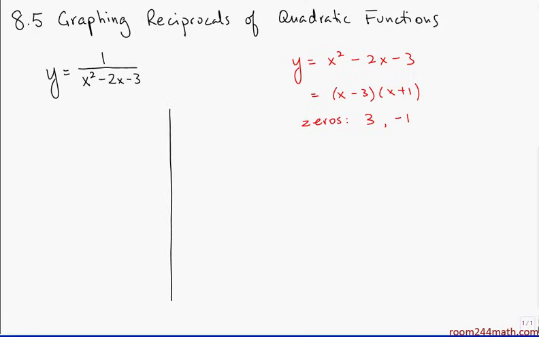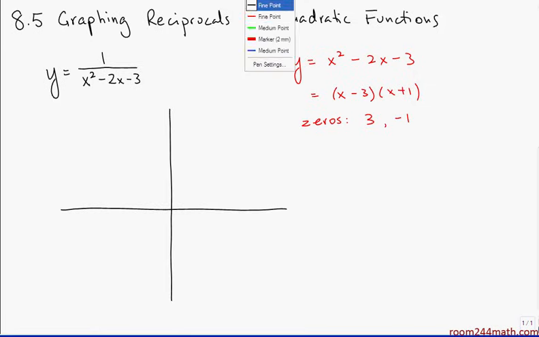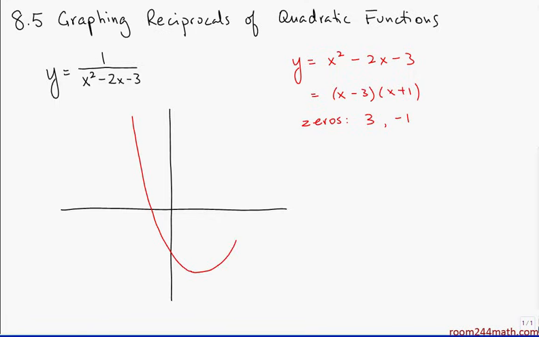And once I have the quadratic sketched, then I can understand the reciprocal function much better. So the quadratic, x squared minus 2x minus 3, is facing up, crosses through at -1, and then at 3.